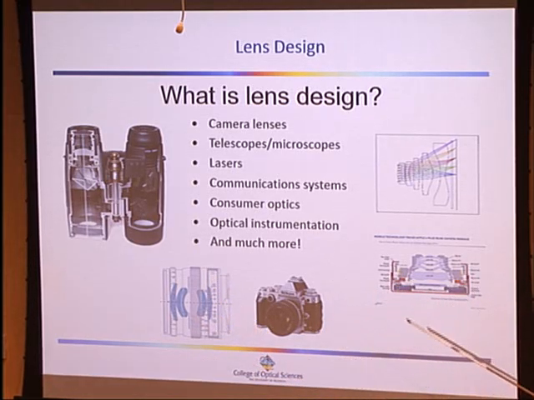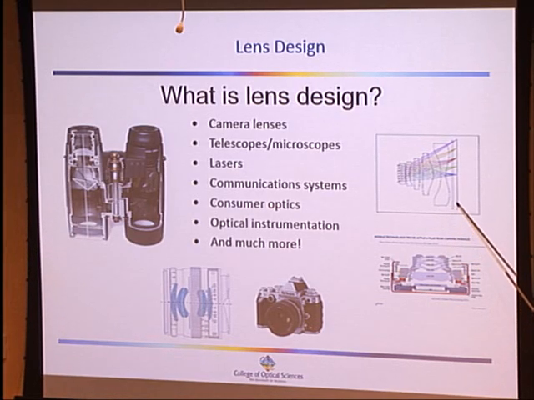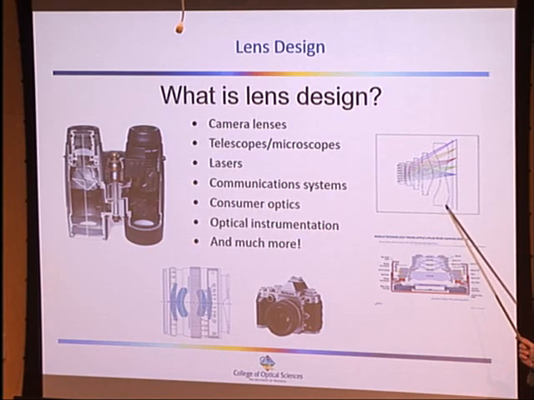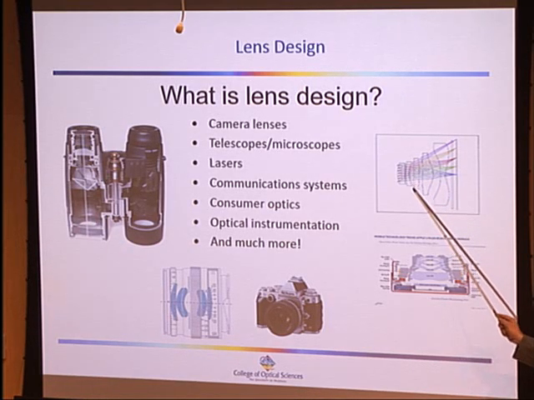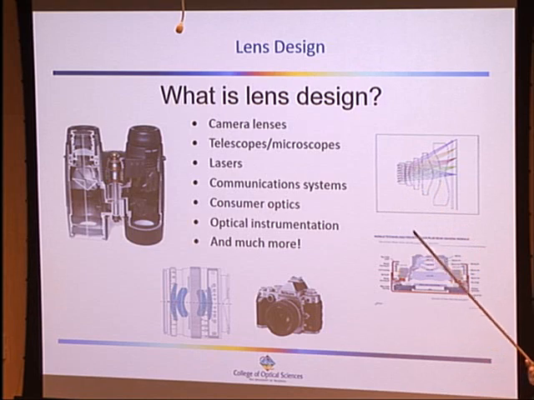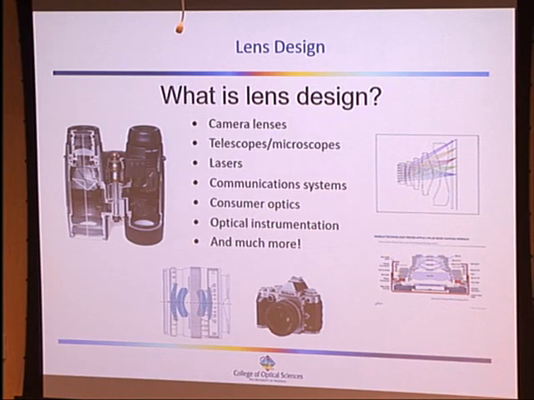Here is another example that you may be a little bit familiar with, which is the lens for a cell phone. Modern cell phones have lenses that have like 5 or 6 elements. The field of view is about plus or minus 38 degrees. How do you put together a lens like this? Well, that's the subject of lens design.